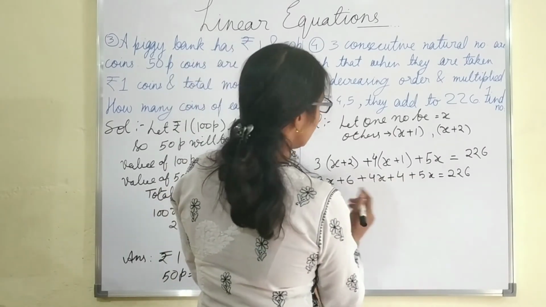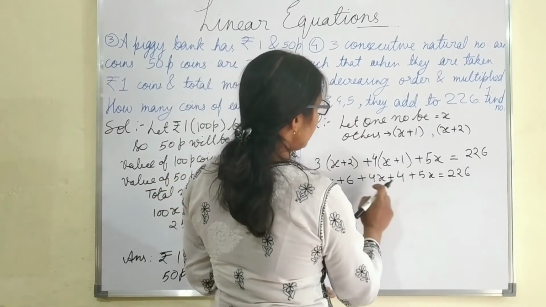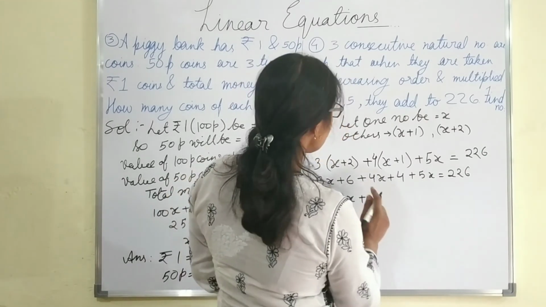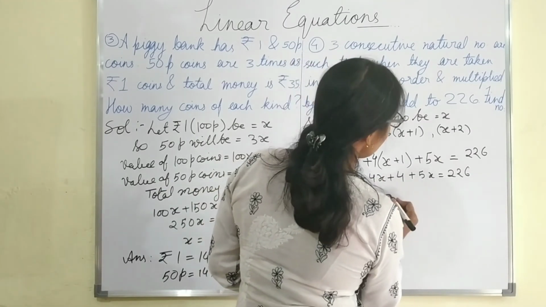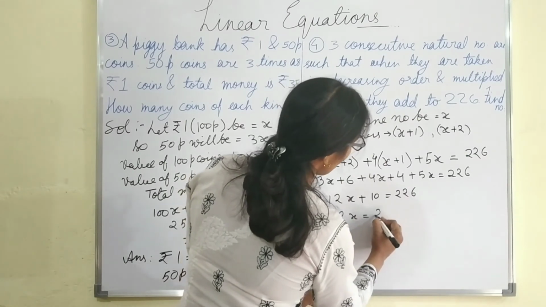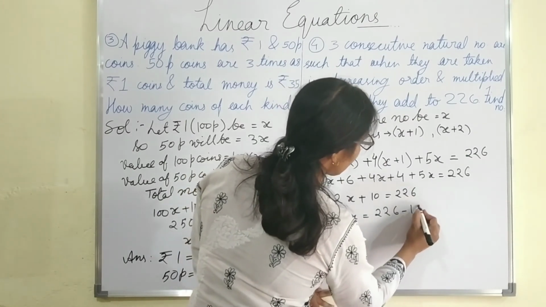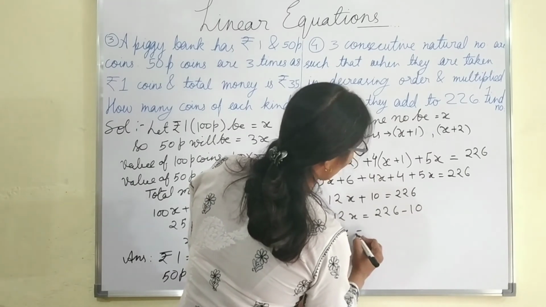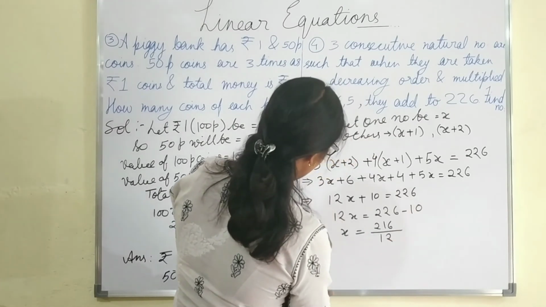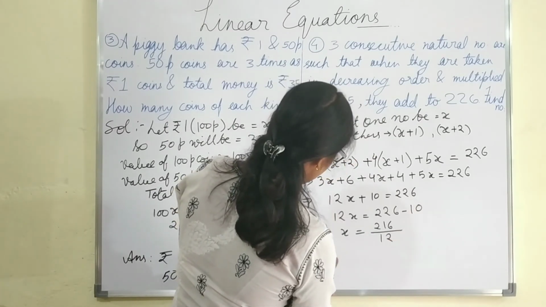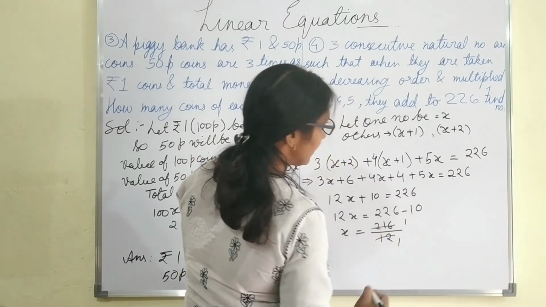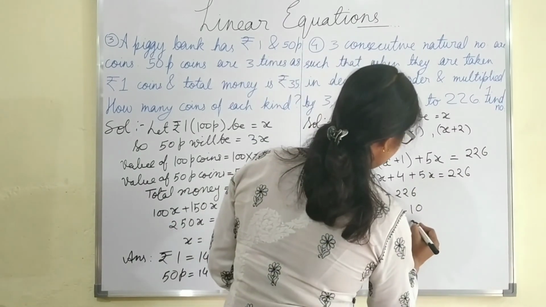So 3 plus 4 plus 5 is 12, so 12x plus 10 equals 226. So 12x equals 226 minus 10. So x equals 216 divided by 12. 12 ones are 12, 12 eights are 96.